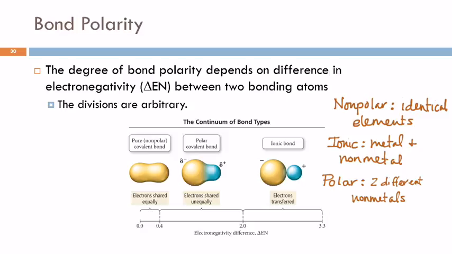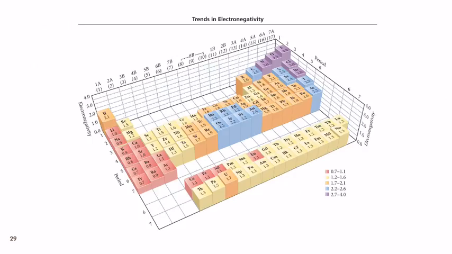So if I said, well, is a phosphorus-oxygen bond polar, nonpolar, or ionic? Your best guess is polar because they're two different elements. Okay? Now, if you really wanted to know for sure, you'd have to look at this table and look at phosphorus and oxygen. 3.5, 2.1, so the difference is 1.4, yeah, that one's polar.